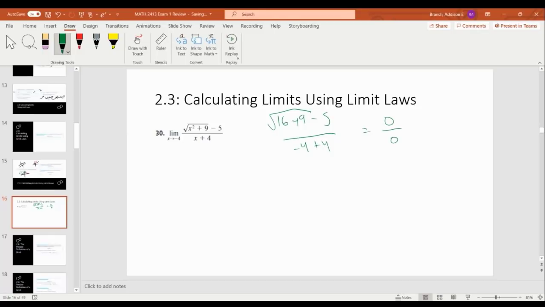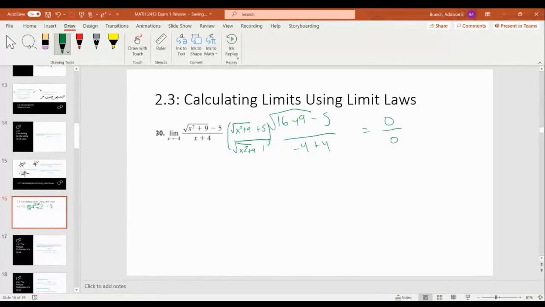Whenever you have a square root, a good idea is to multiply it times something similar. So we can multiply it times the square root of x squared plus 9, plus 5. We'll multiply it times the same thing where the root is, but we'll just flip the middle sign.